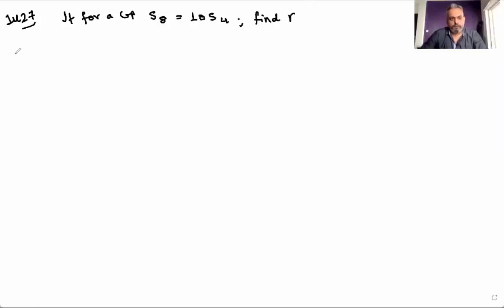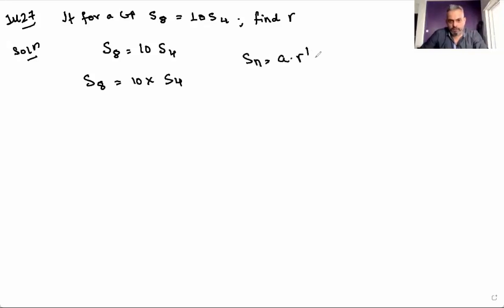Now, please pay attention. S8 is equal to 10 S4. It means S8 is equal to 10 into S4. Now what is S of n? A into R raised to n minus 1 upon R minus 1.